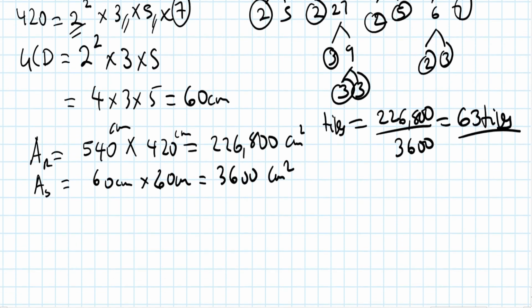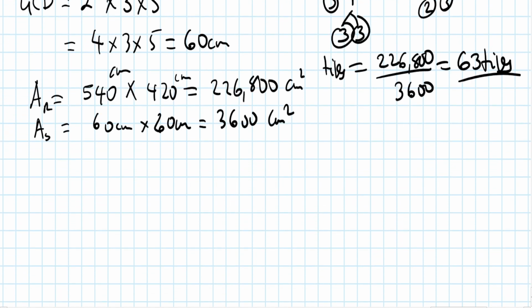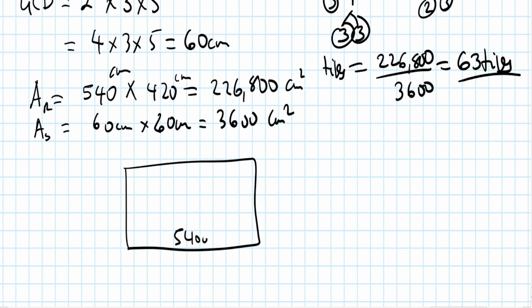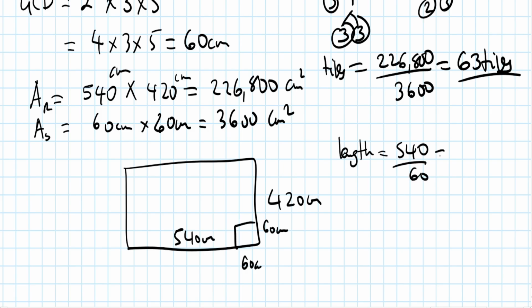The other way is that, because we have 540 centimeters here and you have 420 centimeters, and the square tile is 60 centimeters by 60 centimeters, you search for lengthwise how many tiles there are. So you take 540 divided by 60, which is going to give us 9.